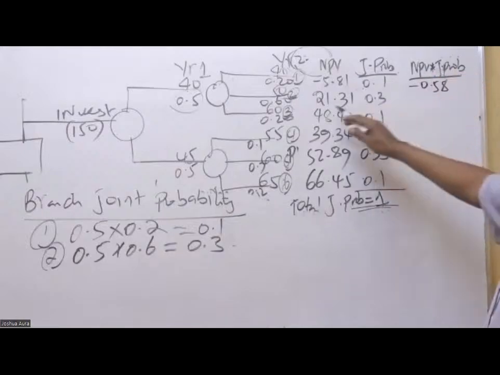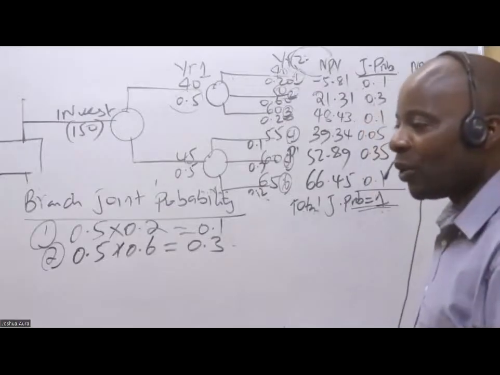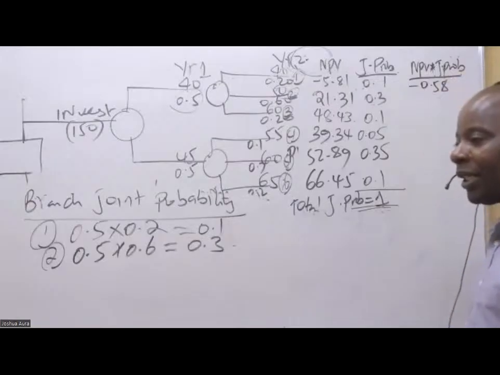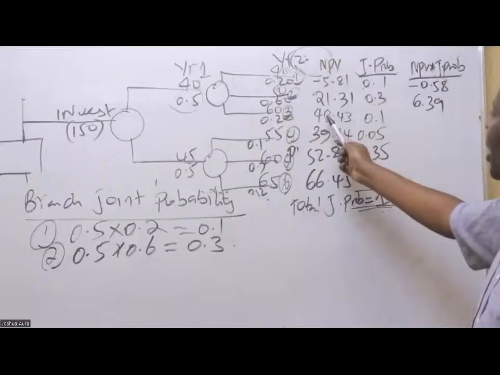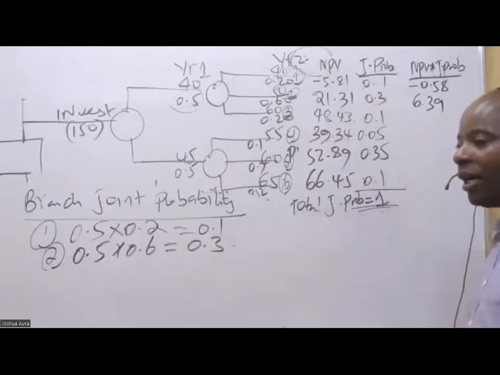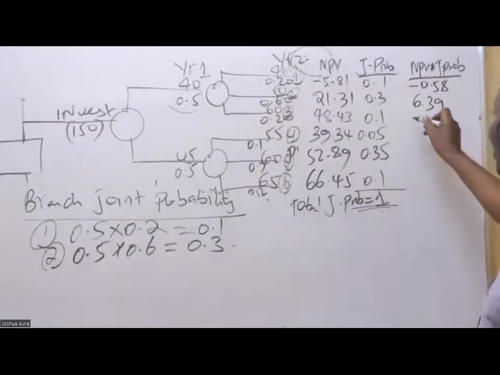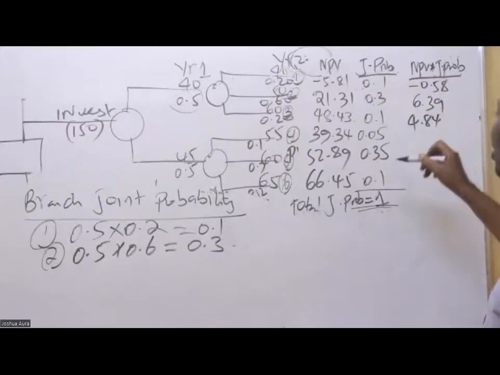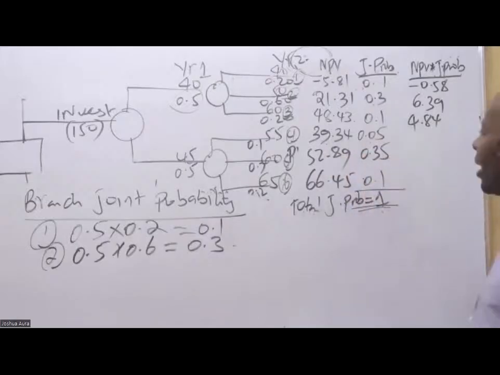The second one, 6.39. And then the third one, this and this, what are we getting here? 4.84. And then now we have the last one.